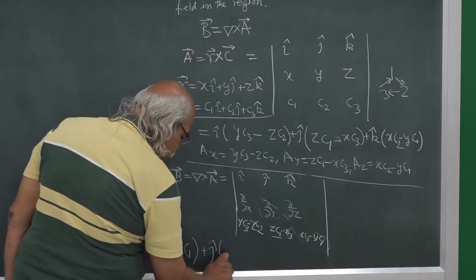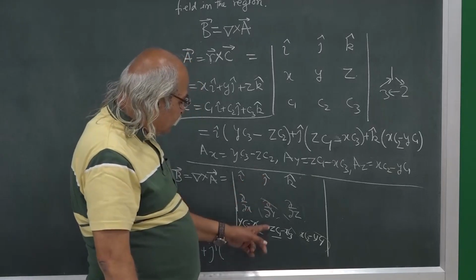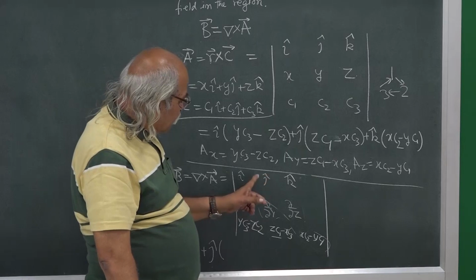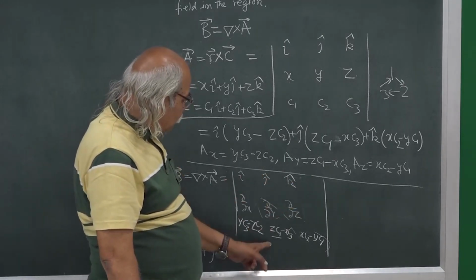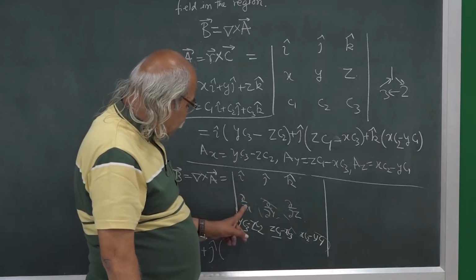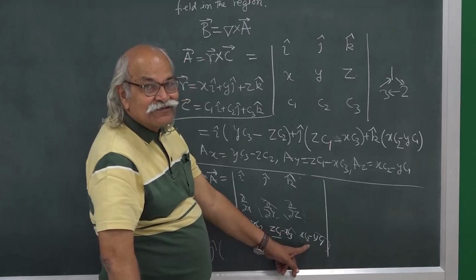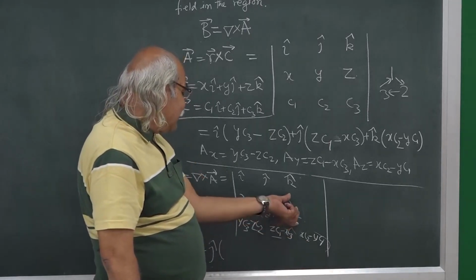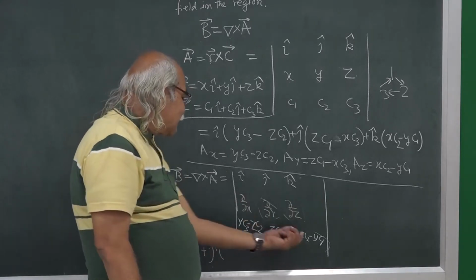j cap. Come to j cap. So mentally omit this j cap row and this j cap column. So what are you left with? If you omit this, you have this and this. But then you have to start from here, cyclic. Del/del z of this and minus del/del x of this.